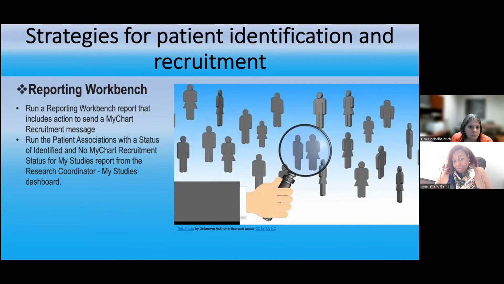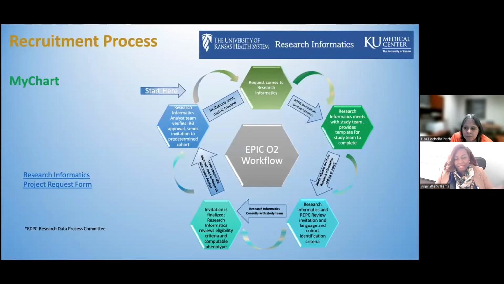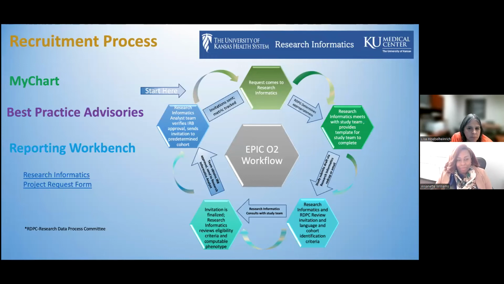And then there's also Reporting Workbench, which is basically a report that is sent to the research coordinator, and it can be made into a dashboard. And so that's another EPIC tool. It's the same process for all three EPIC workflows.